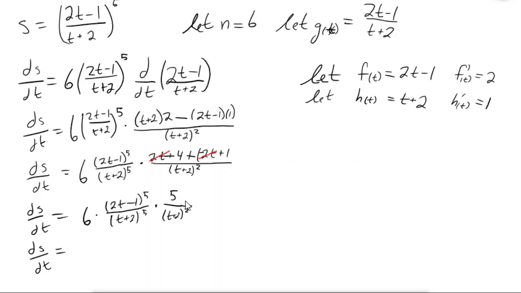On the top here I can multiply everything together, so 6 times 5 gives me 30, multiplied by (2t minus 1) to the power of 5, divided by (t plus 2) to the power of 7, which gives me my answer. I've now combined my power rule, my chain rule, and my quotient rule to get the answer to example number 5.